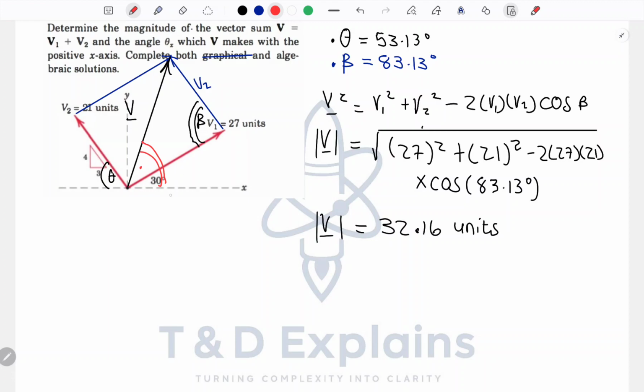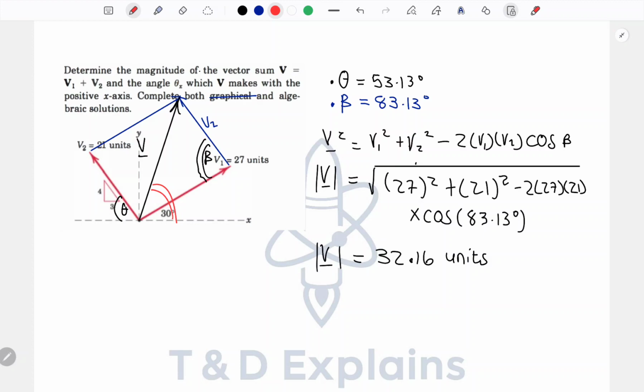And we already have 30 degrees. To get this whole angle, we can first focus on this one here, call it angle x, and from there you use your sine rule.